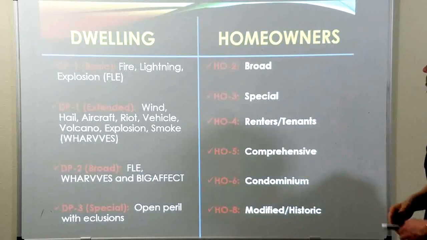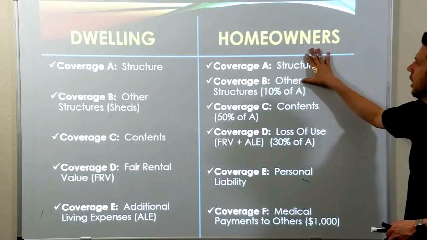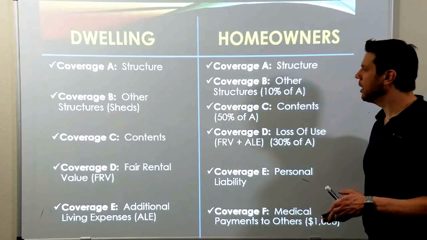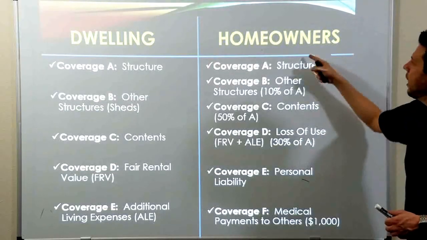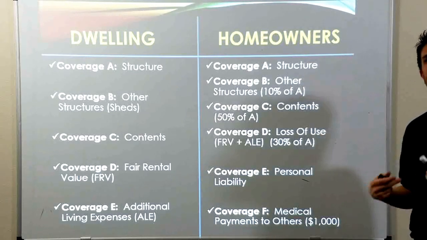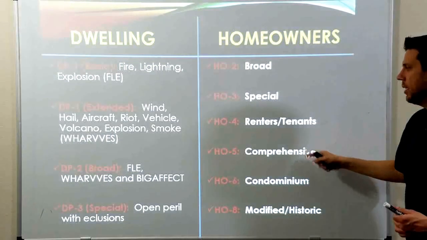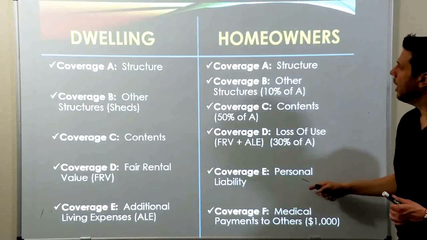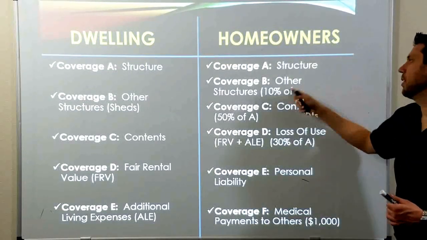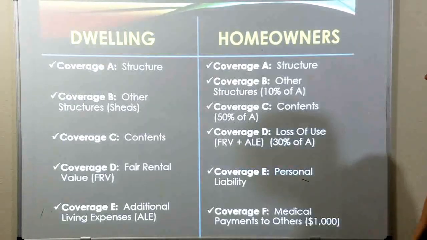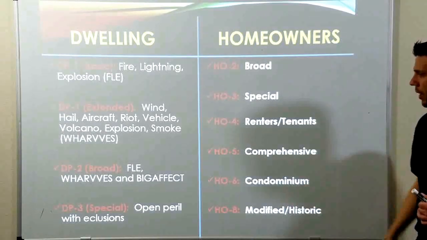The HO3 special covered my structure against open peril. The HO4 renter's policy did not have coverage A and B because you don't own the house. The HO5 is the best policy. The HO6 condo is similar to a renter's policy, except the HO6 does get coverage A. And then the HO8 is the modified historic home.